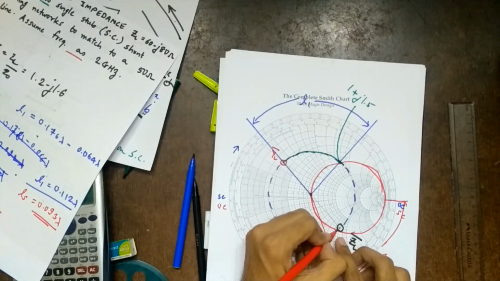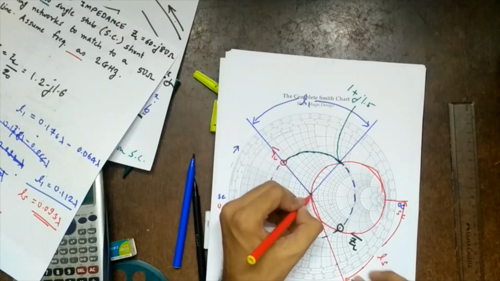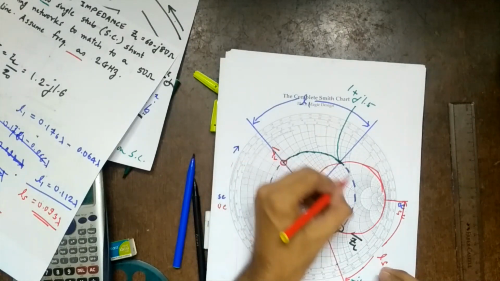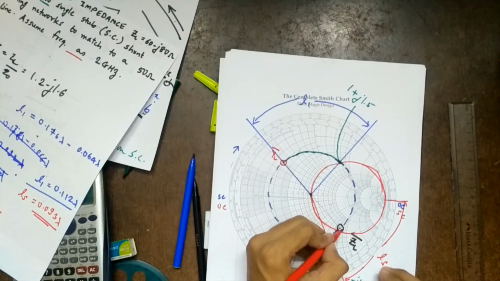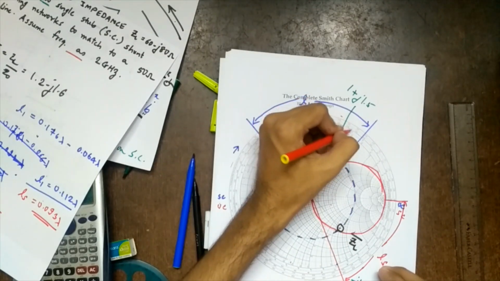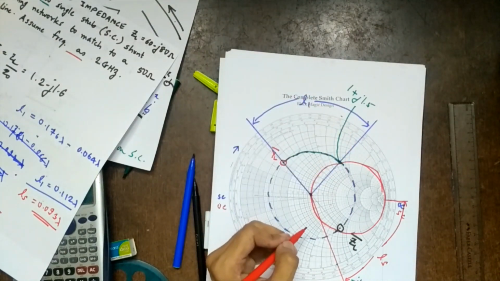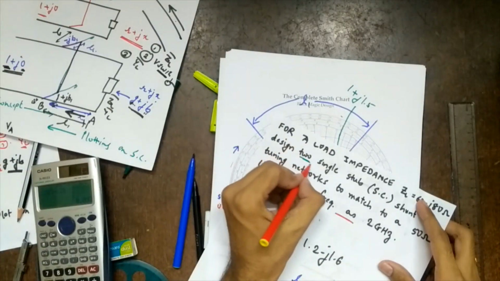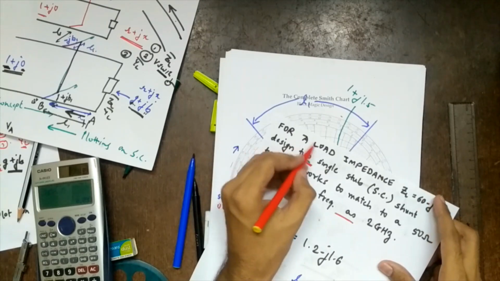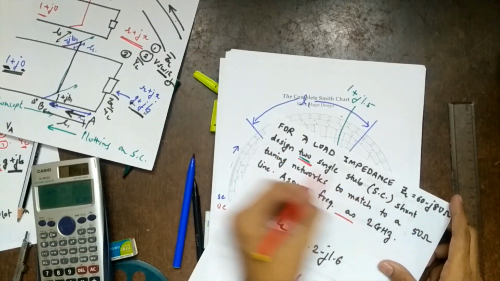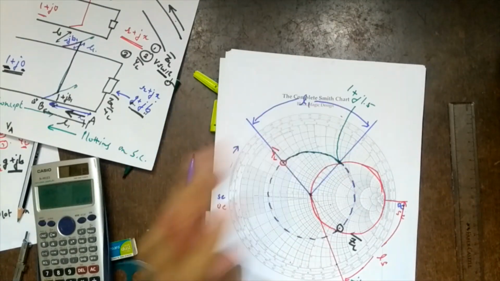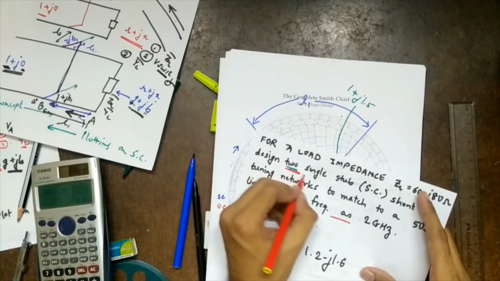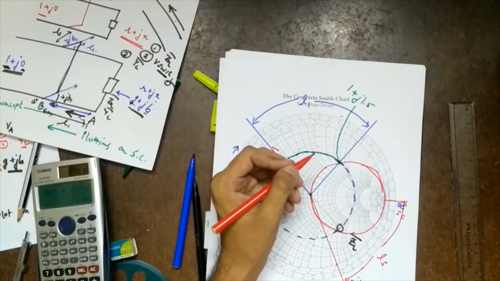So what will L1 be in this case? This line and this line. L1 will be somewhat like this, and that opposite reactance will be negative here, coming somewhere here. Then you will get LS. That will be the second solution. That's what the question is saying, to design both the solutions. If it is just written design a single stub shunt tuning network, you can use any one solution. But since both are mentioned, you have to show both the solutions.